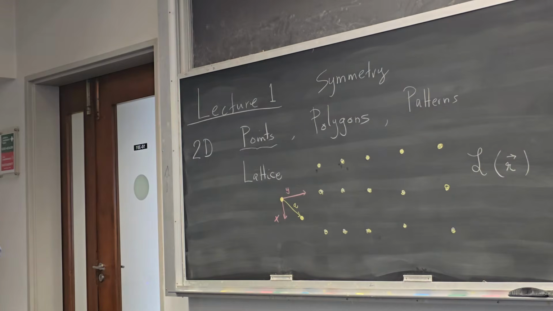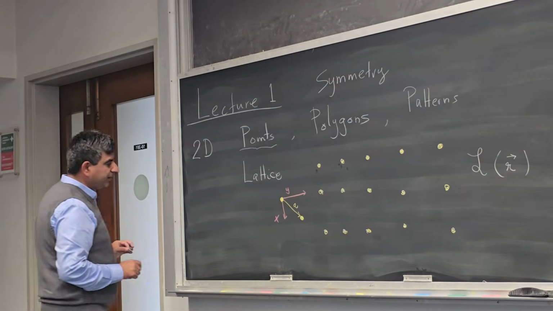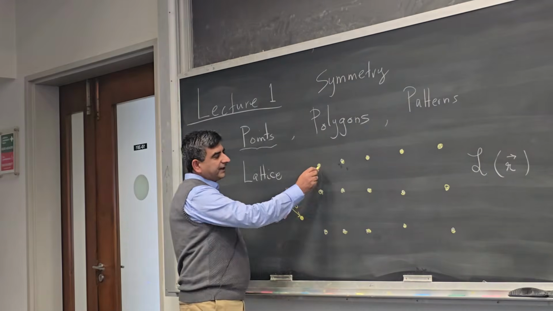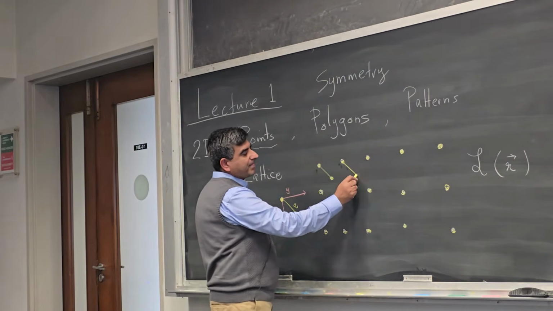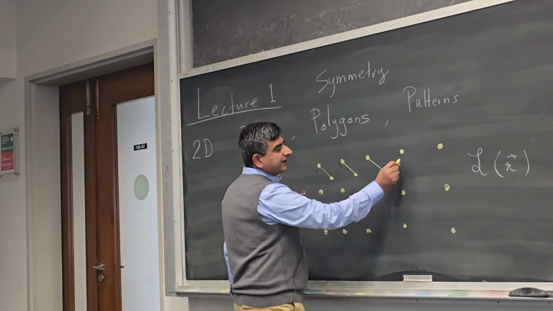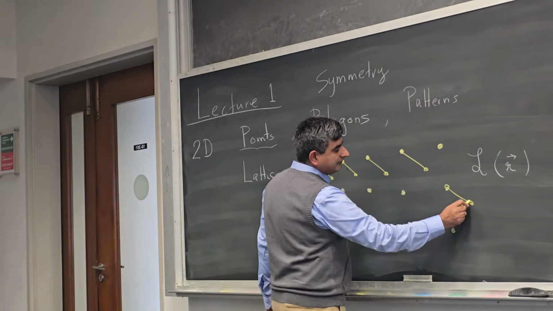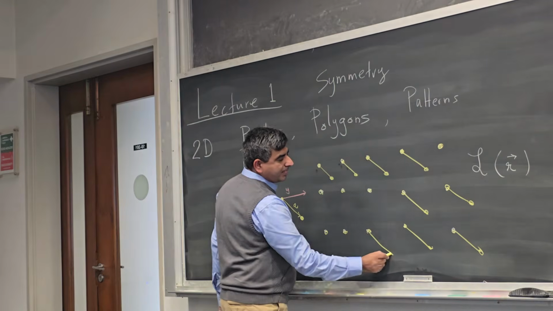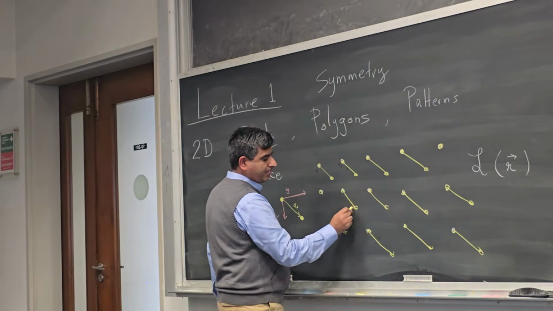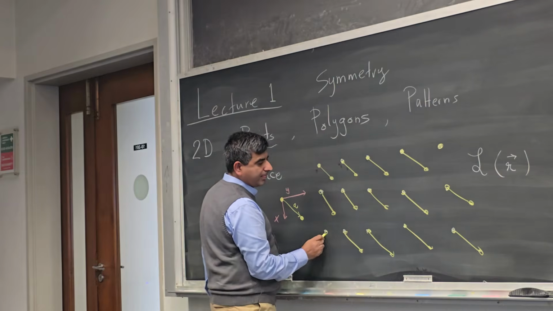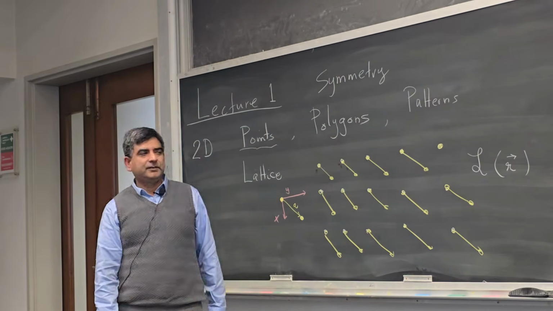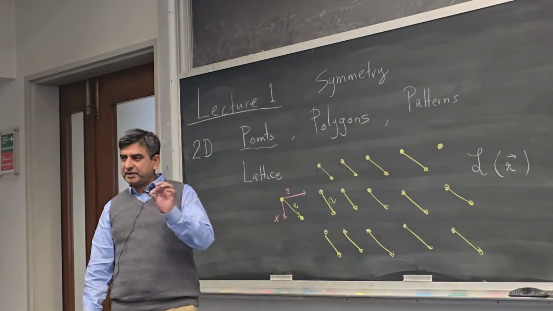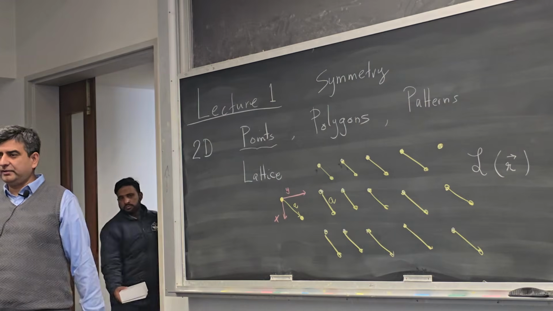So instead of attaching a single atom to a lattice point, we could attach this pair of atoms. So in that case, our structure will look something like this. Okay? So the distance between these two atoms in this repetitive unit is a.